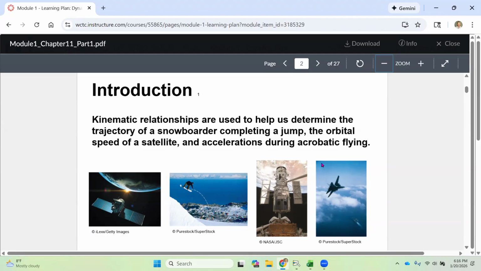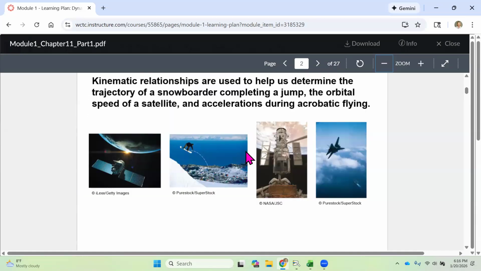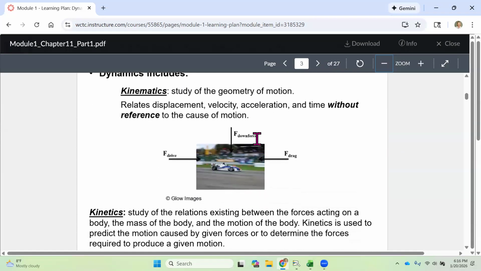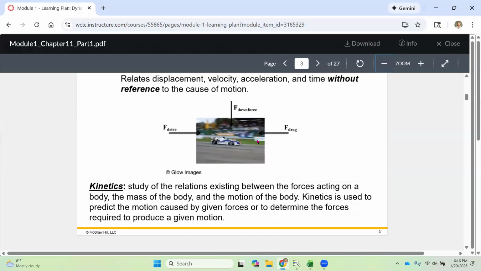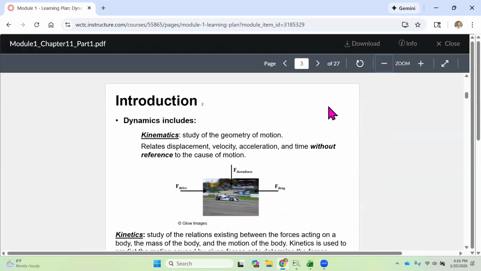Now, at the beginning of the chapter here, it explains that dynamics is really a combination of both kinematics and what they call kinetics. Kinematics, as we know, is the study of motion without worrying about forces or how those forces interact with a mechanism.